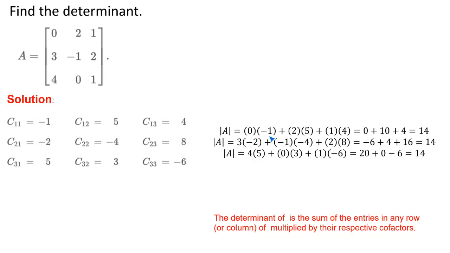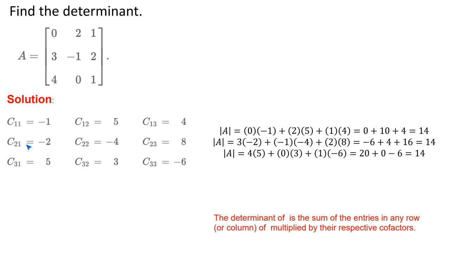Here's my 0 times -1, and then I have 2 times my 5, and then I have 1 times the 4, because I'm using those in row 1 here. If I multiply it, I get 0, 10, and 4. So 10 plus 4 is 14.